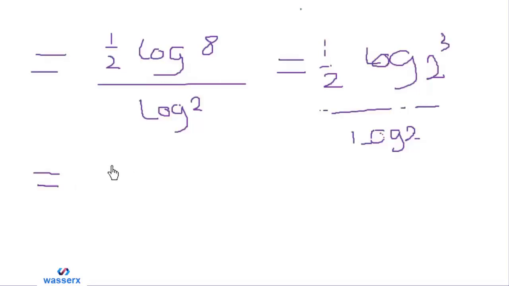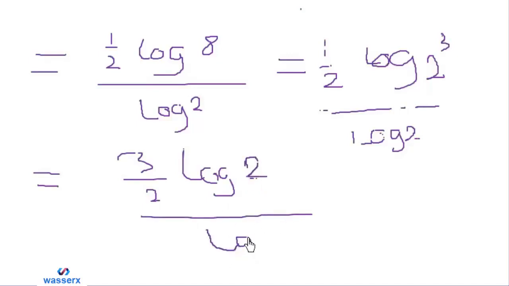We can multiply this and we are going to get 3 over 2 log 2 over log 2. So this cancels here. Then we are left with 3 over 2 over 1, which will give us 3 over 2. So the correct answer is C.